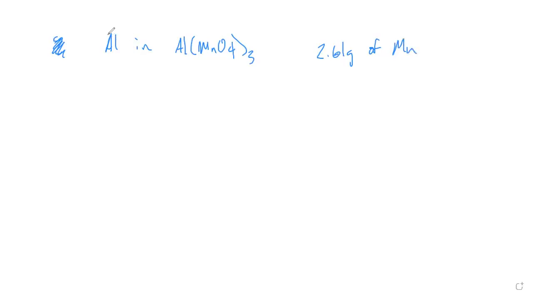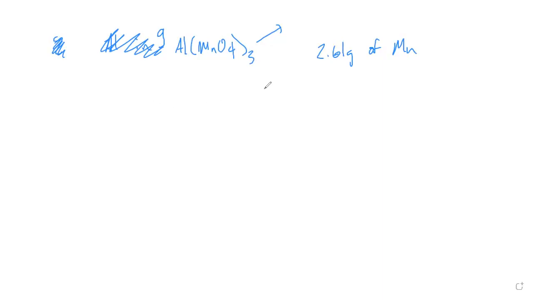Okay, and so we want to know how many grams of aluminum permanganate contain 2.61 grams of manganese, right? They don't give us the molar mass of the aluminum permanganate, so you have to figure that out.